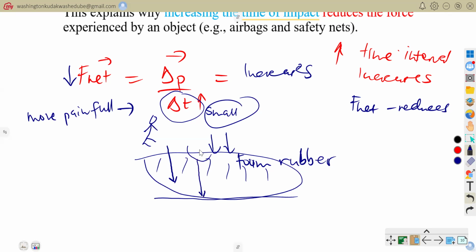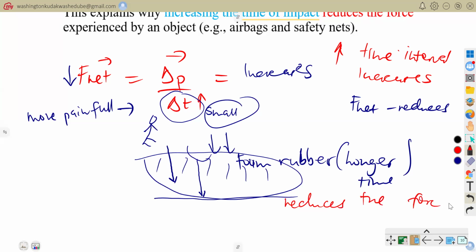So you are not going to reach the ground instantly, but it will take a longer time to reach the ground. That longer time reduces the force of impact.